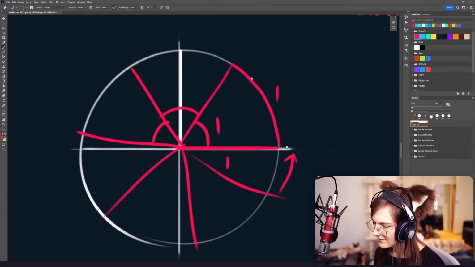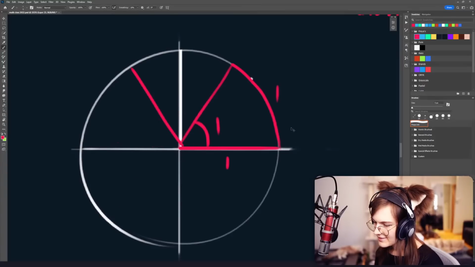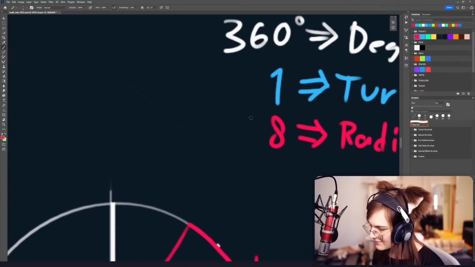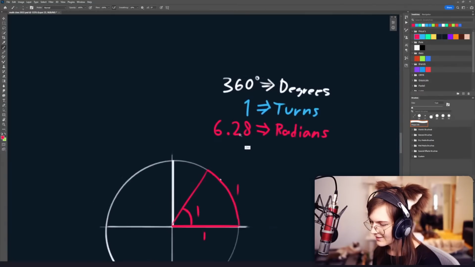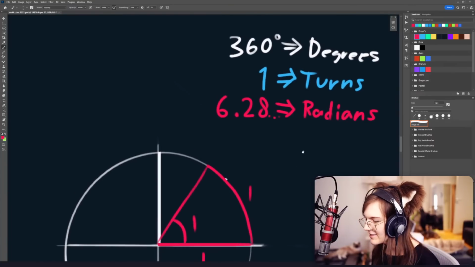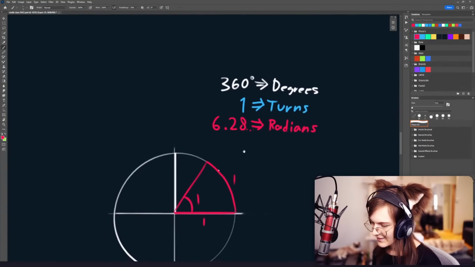And so a full turn in radians is a very special number that is somewhere around 6.28, etc. This number has an unreasonable amount of decimals, in fact.